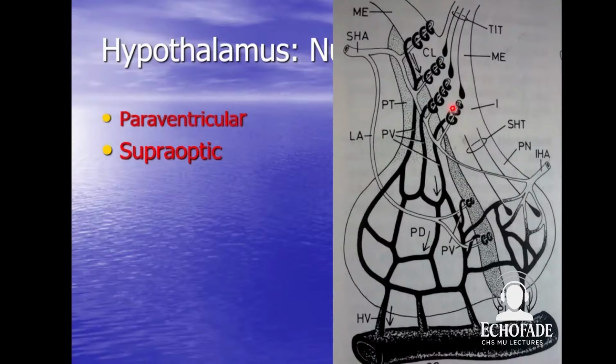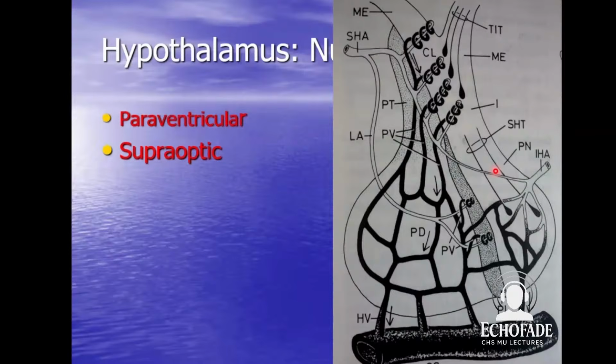Herring bodies contain the hormone, and a protein called neurophysin is very important in transporting the hormone to the neurohypophysis. This is by axoplasmic flow. We'll be looking at the neurohypophysis.